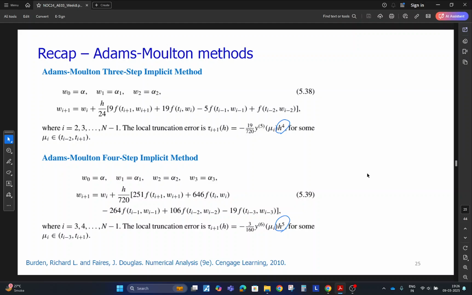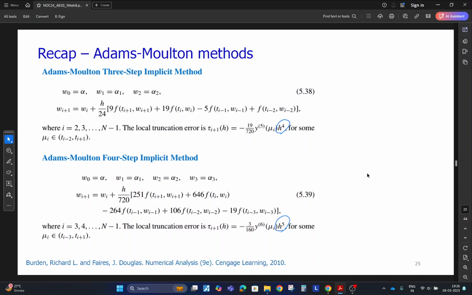There is also the Adams-Moulton three-step implicit method, where we must start with the knowledge a priori of three quantities: W0 equals alpha, W1 equals alpha 1, and W2 equals alpha 2. W_{i+1} is given as equal to W_i plus h by 24 times 9 times the value of the function at t_{i+1}, W_{i+1}, plus 19 times the value of the function at t_i, W_i, minus 5 times the value of the function at t_{i-1}, W_{i-1}, plus the value of the function at t_{i-2}, W_{i-2}.